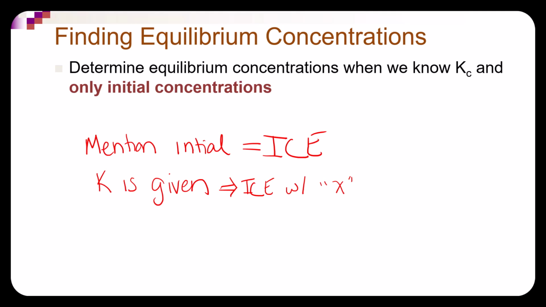You have to validate that one. And if those two fail you, then we go to the quadratic formula. That will work 100% of the time, but certainly is the most time consuming. So if there's a mention of initial and the K value is given, you're going to need to fill that ICE table with X's and solve it from there.